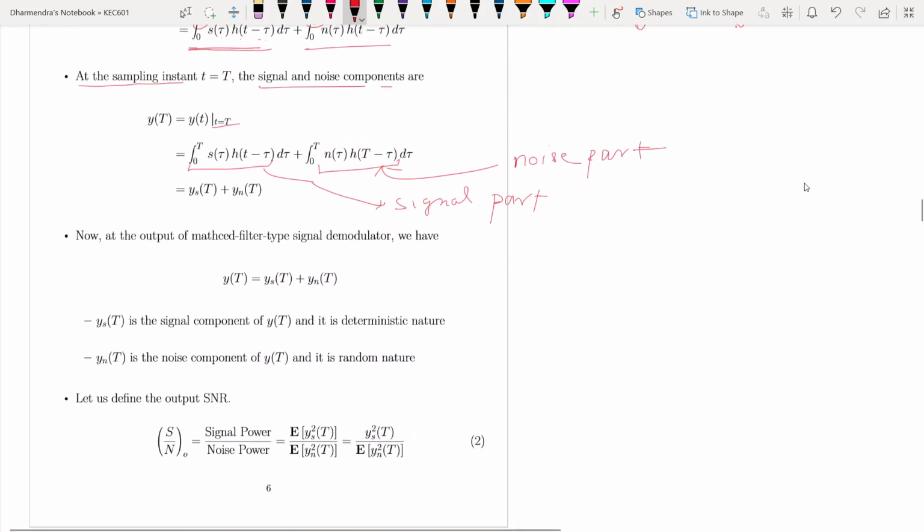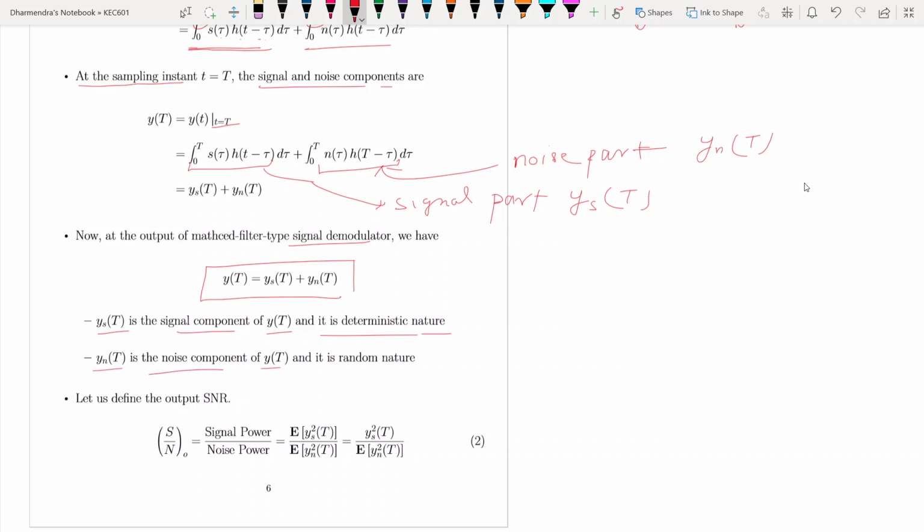Okay, now at the output of the matched filter signal demodulator, this signal part is denoted as y subscript s of capital T, and the noise part y subscript n of capital T. This is the signal component of the output y of t, and it is deterministic in nature. y n of T is the noise component of the output of the matched filter, and it is random in nature.